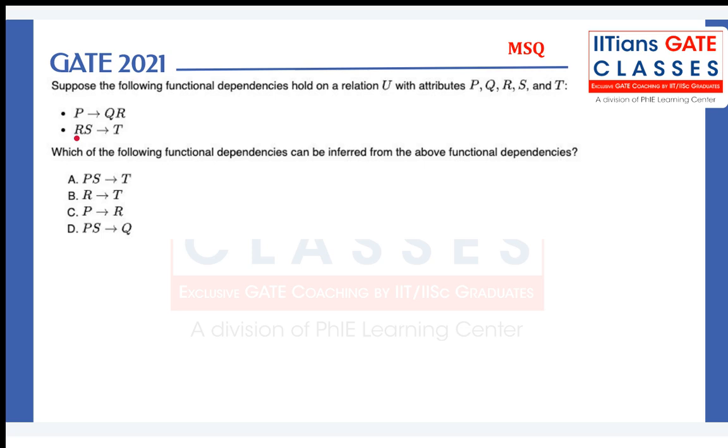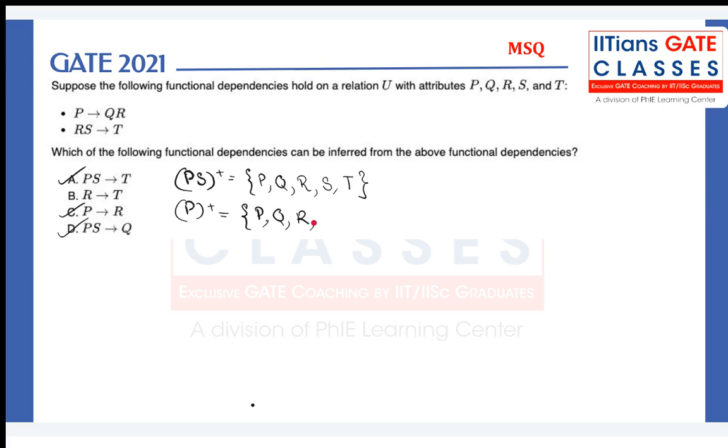Okay, so the correct answer to this question is A, C, D. PS plus gives P, Q, R, S, T. It's actually a candidate key. P plus is P, Q, R. You won't get anything else, right?